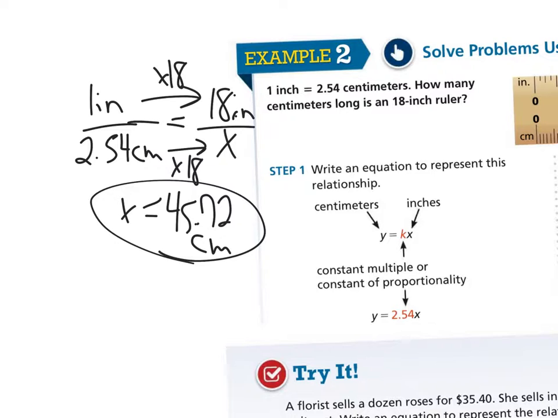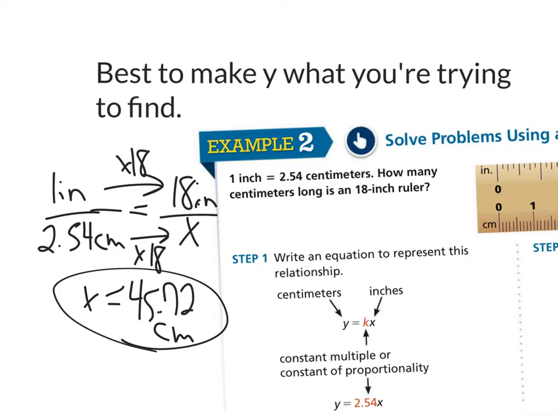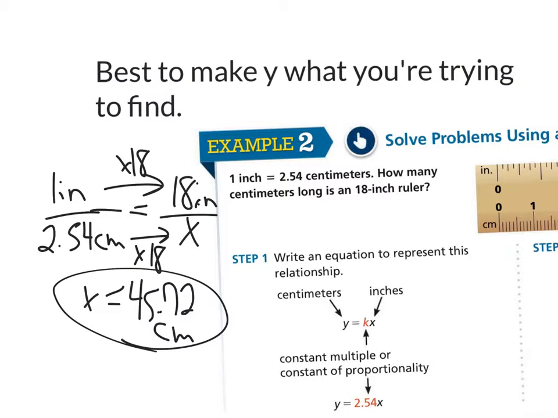As it is, we're going to assume that they want us to write an equation and work it out here. As I mentioned earlier, when you're setting this up, if you're going to make an equation, it's best to make y what you're trying to find. In this case, we're trying to find how many centimeters.